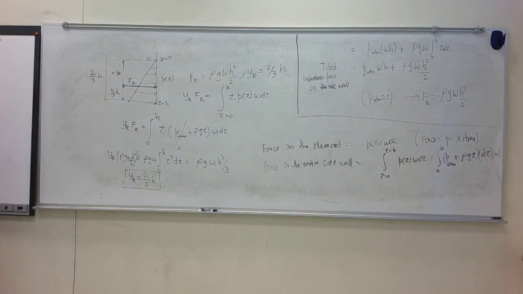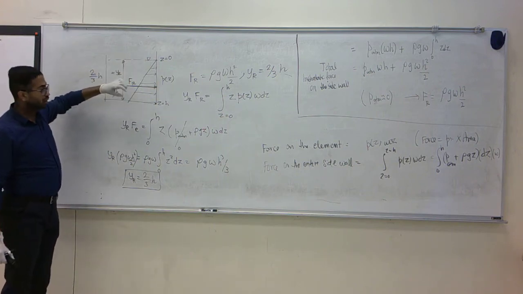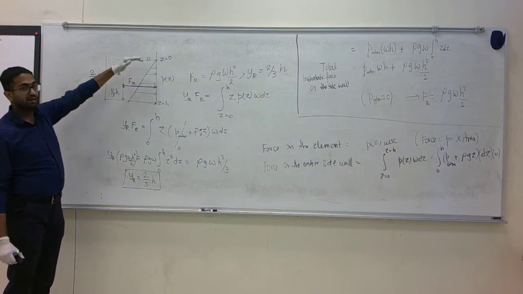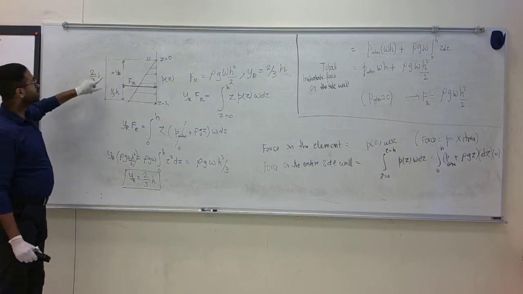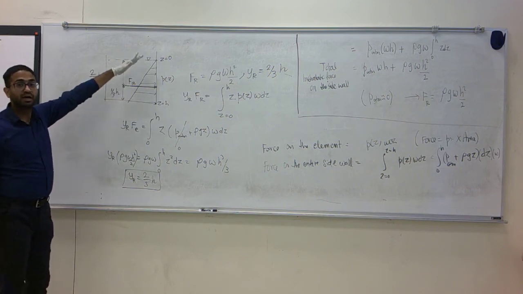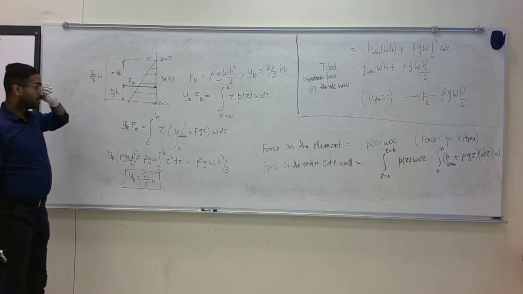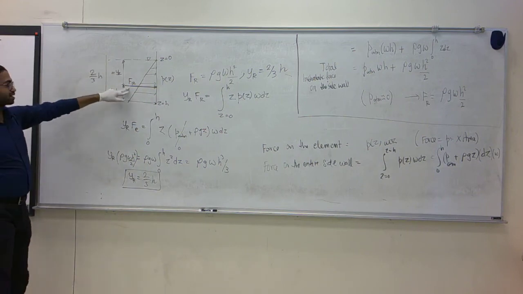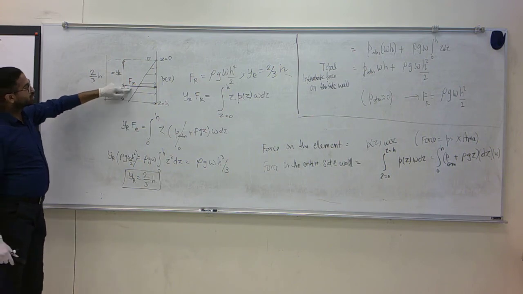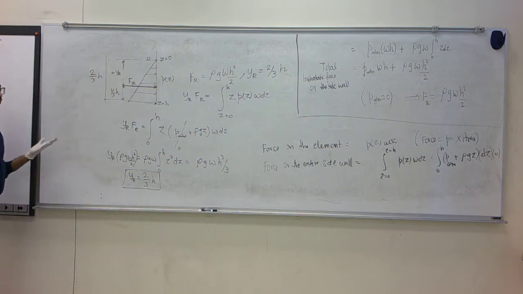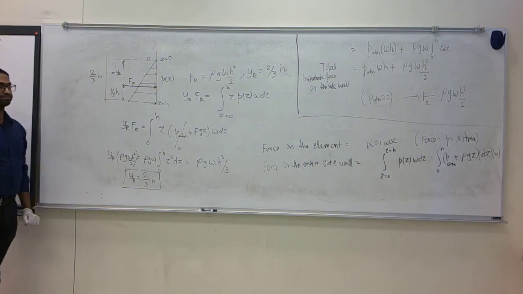Well, that does make sense because you have a distributed load which has a higher magnitude towards the bottom end than at the top end. So it is natural that your resultant is closer to the bottom than to the top. And because this is linear, it turns out that your resultant acts exactly 2/3 of the distance from the top, or 1/3 of the height from the bottom.